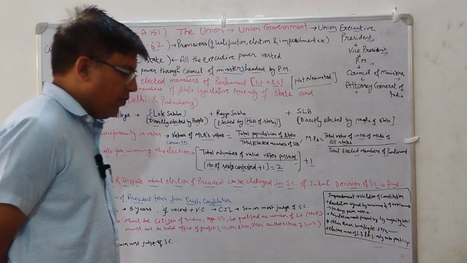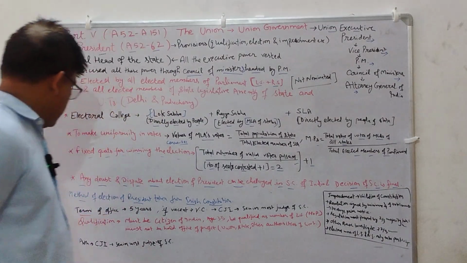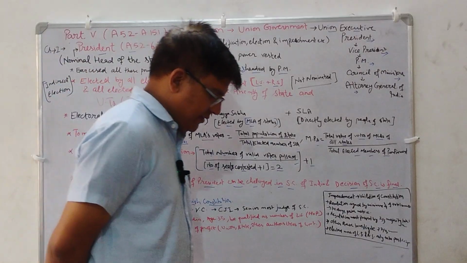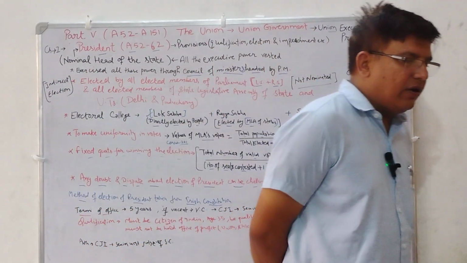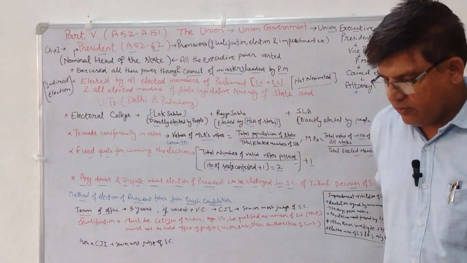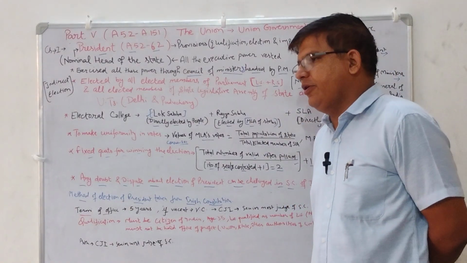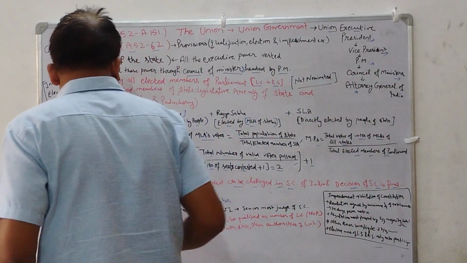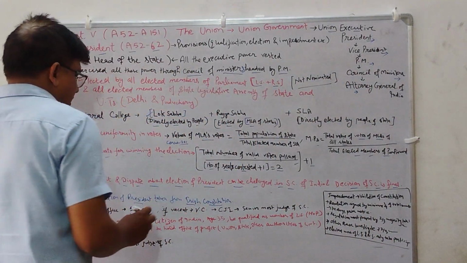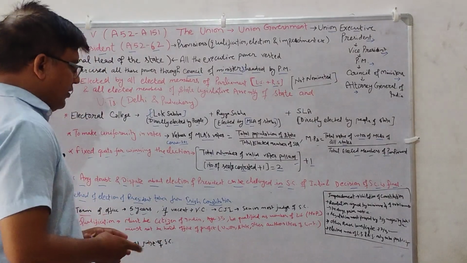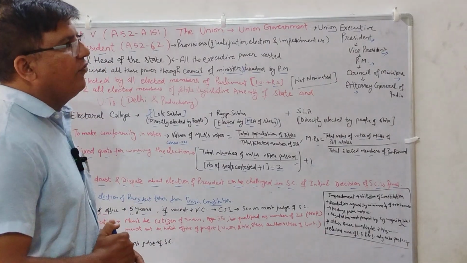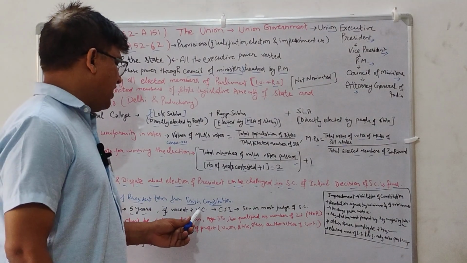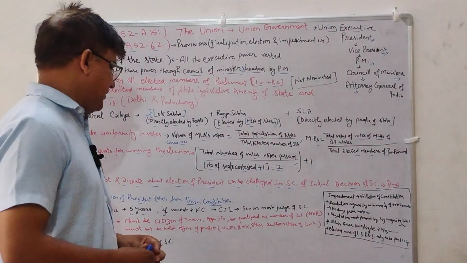If we talk about the term of office of our President, the term of office of the President is five years. If it is vacant in any case, in case of death or any other reason, then the Vice President works as President.